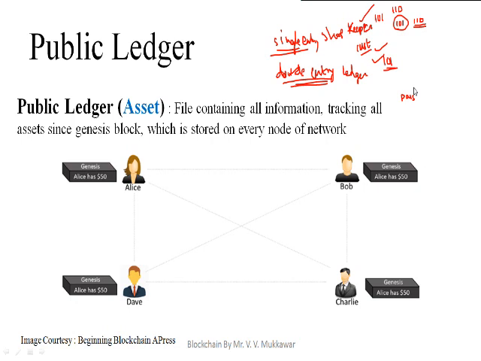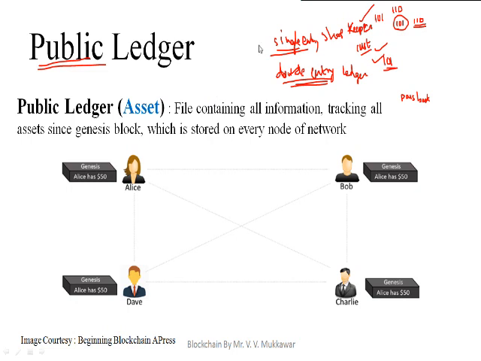But whatever double entry ledgers there are, they are not actually a public ledger. What is the meaning of a public ledger? A public ledger means the data of each and every node present inside a network is available with all the nodes, or the transaction made by any node is available with all the nodes present in the network.